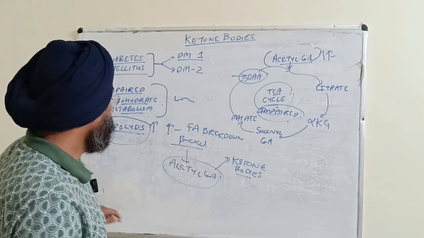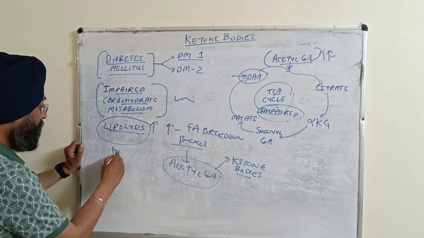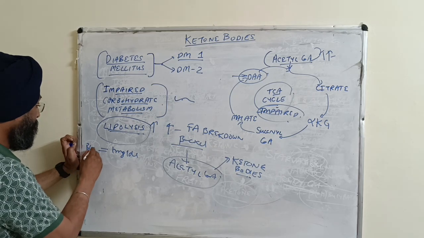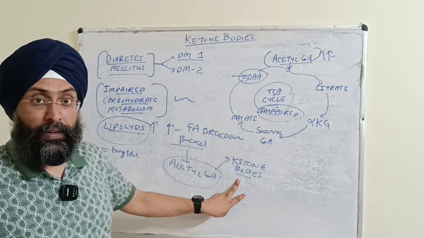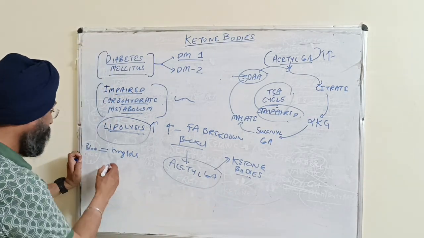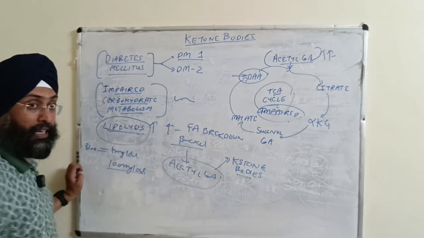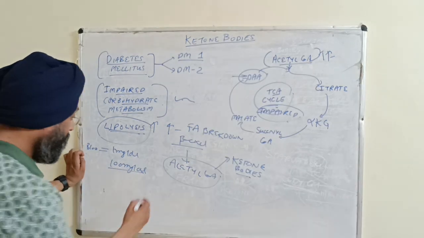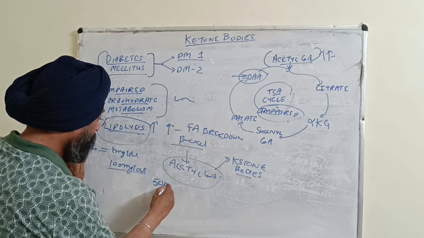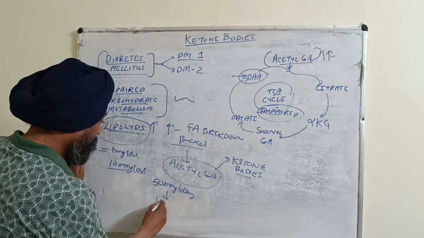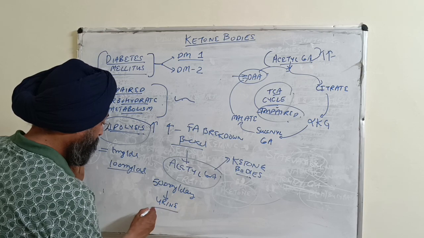The normal level of ketone bodies is 1 milligram per deciliter in blood, right? In severe uncontrolled diabetes mellitus, the level may increase up to 100 milligram per deciliter, and the urinary excretion can increase up to 500 milligram per day into urine, right?